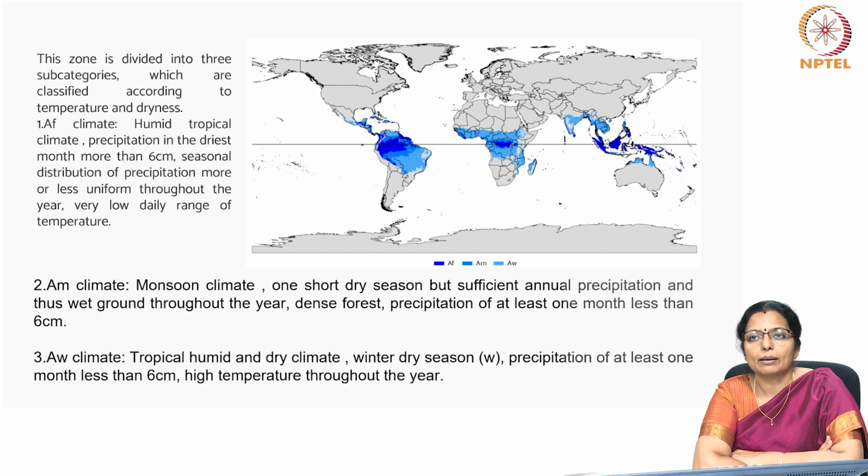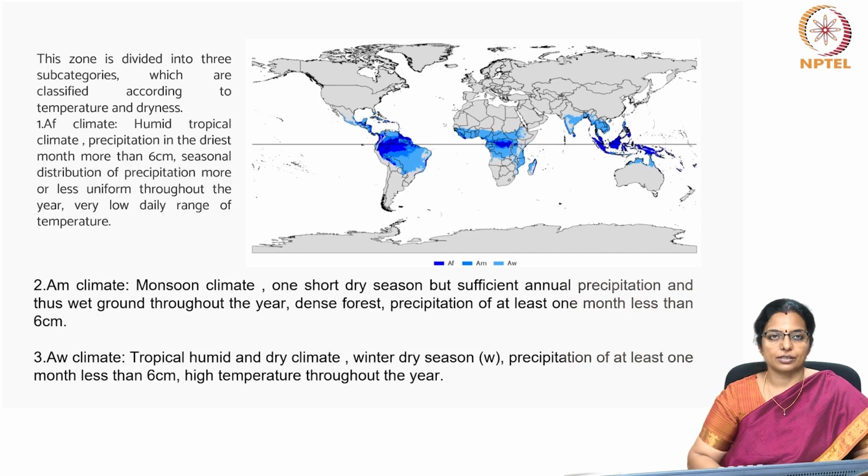Next, the AM climate represents a monsoon pattern with a brief dry season but overall wet conditions throughout the year, fostering dense forests. Lastly, the AW climate features a winter dry season W with at least 1 month seeing less than 6 centimeters of rainfall. Despite this dry spell, temperatures remain consistently high throughout the year. Understanding these subcategories will help us grasp the diversity within tropical regions.